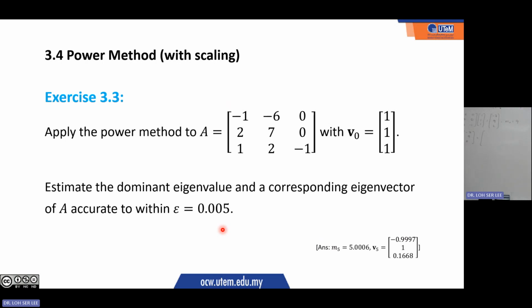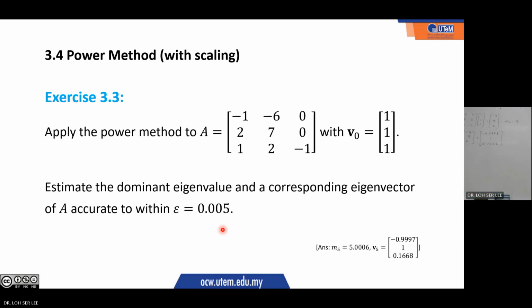So you get -0.378. Okay. 1. Yeah. 0.2, right? 2.